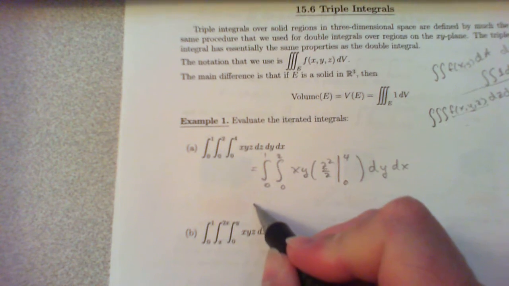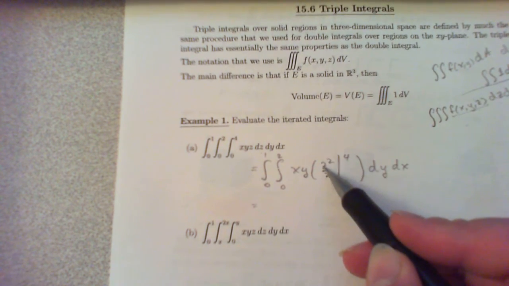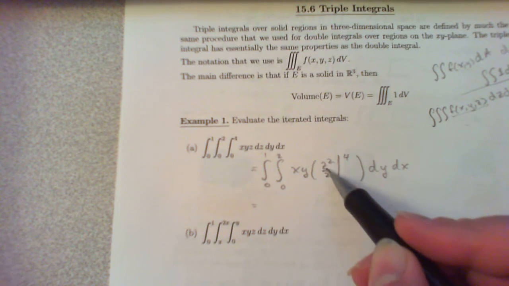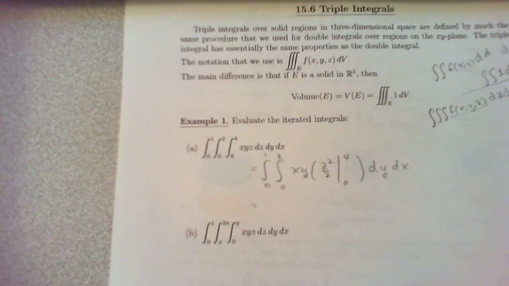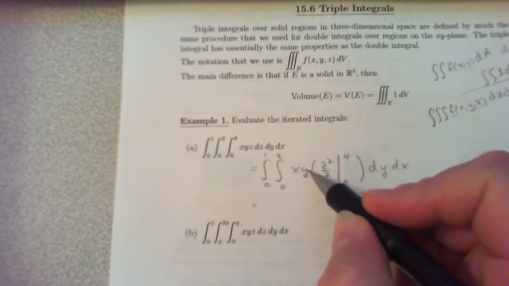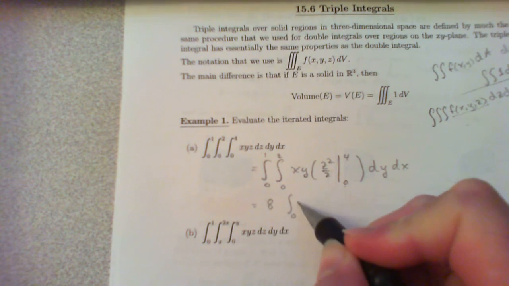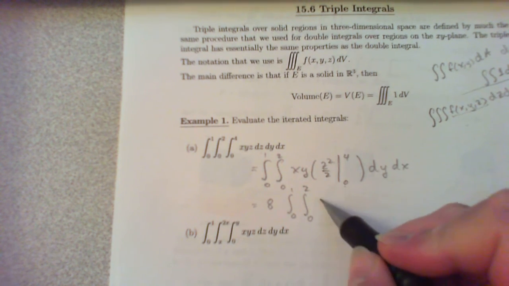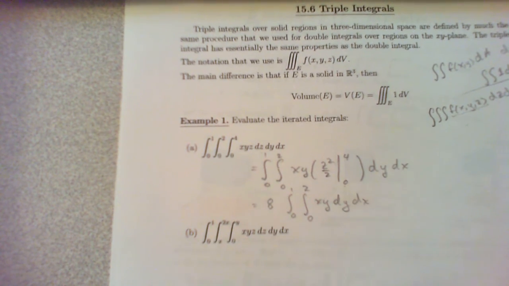When I plug this in, this is going to turn into 4 squared divided by 2 minus 0 squared divided by 2. The lower limit is 0. The other one would be 16 over 2, so that's 8. So that's a constant. I'm going to move that out to the front. 8. Now I have the integral 0 to 1, 0 to 2 of x times y dy dx.